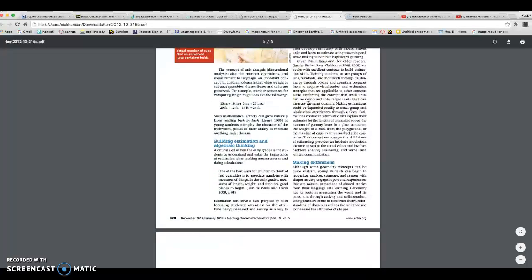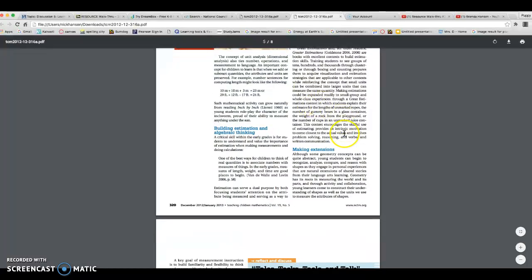Making extensions here. Although some geometry concepts can be quite abstract, young students can begin to recognize, analyze, compare, and reason with shapes as they engage in personal experiences that are natural extensions of shared stories from their language arts learning.